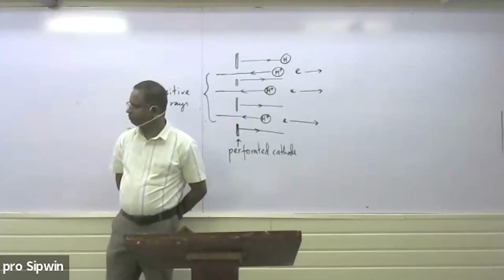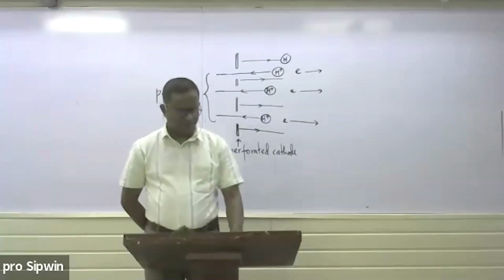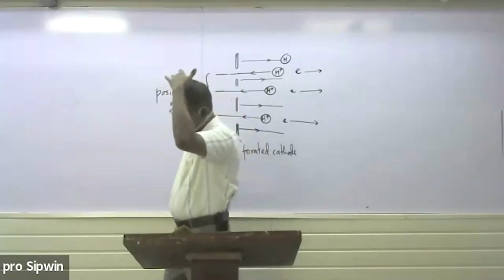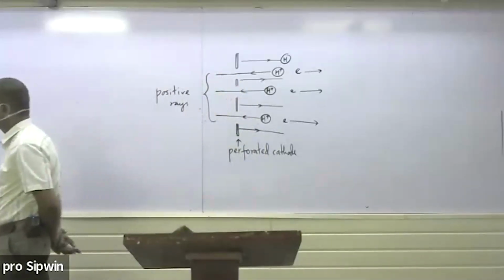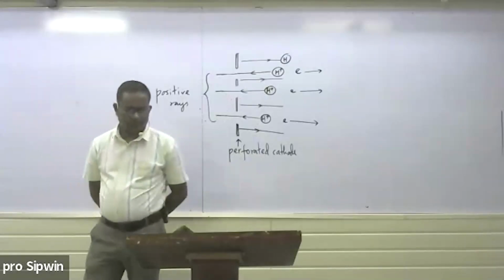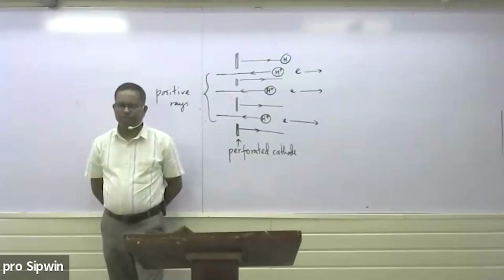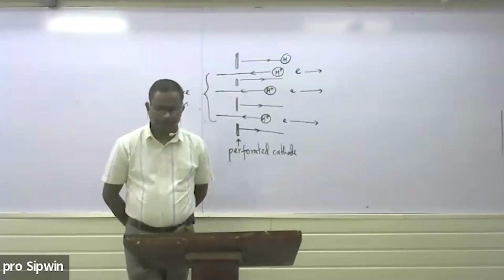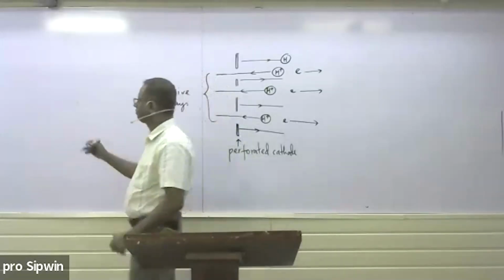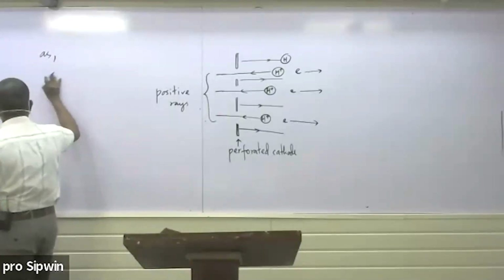Example: if the residual gas is hydrogen, then it produces positive ions as follows.